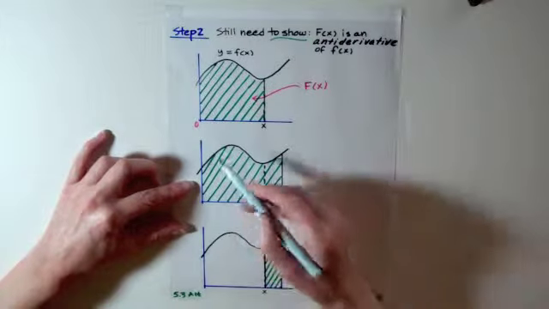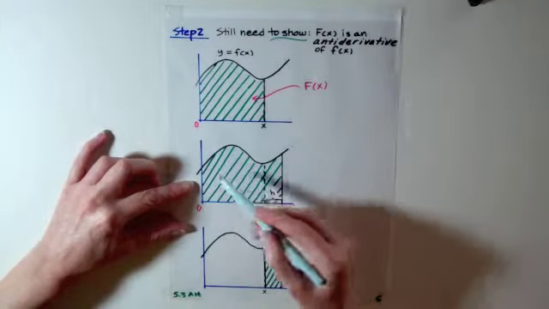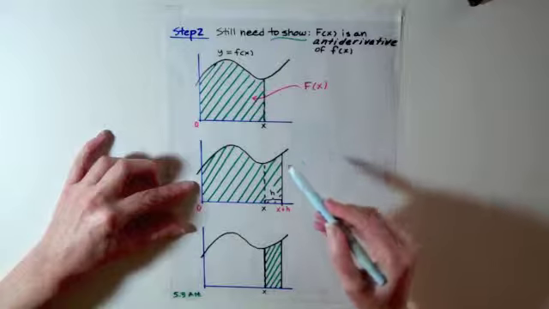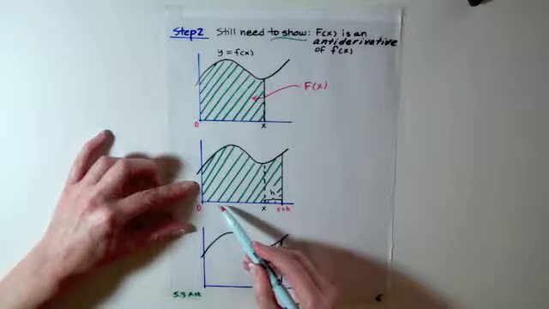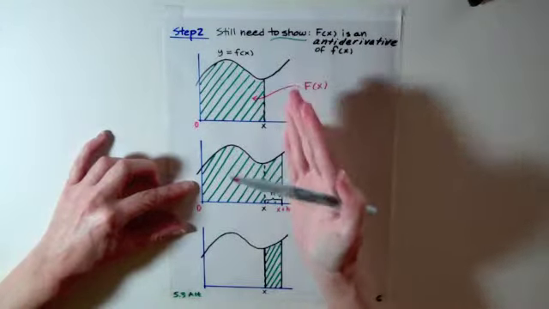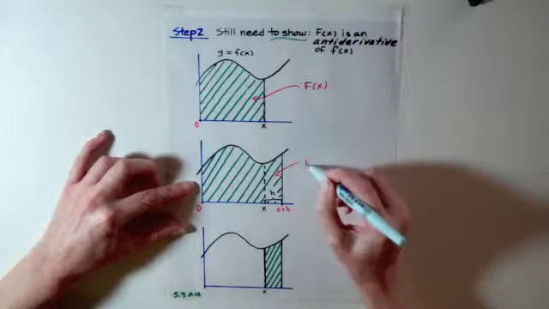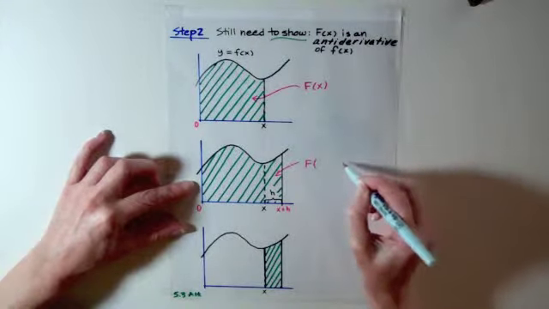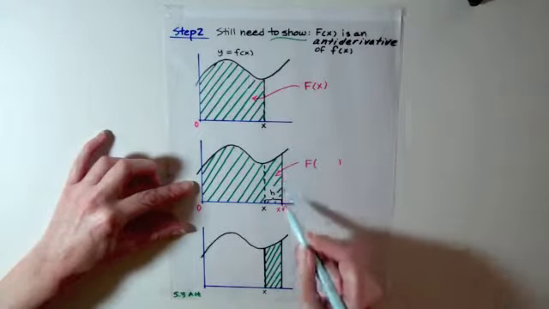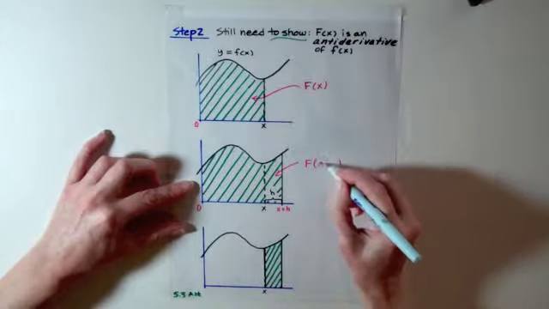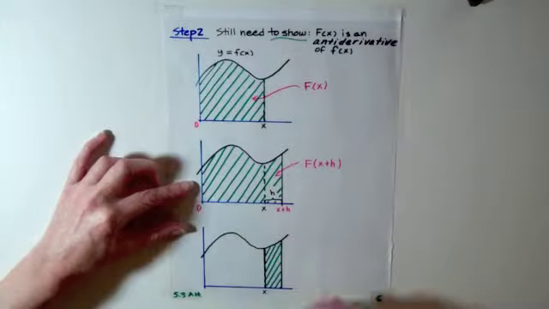Okay. And now notice that I'm doing the area underneath my curve y equals f of x from 0 all the way up to x plus h. So this new green area would be capital F evaluated at whatever my ending value is, which is x plus h.